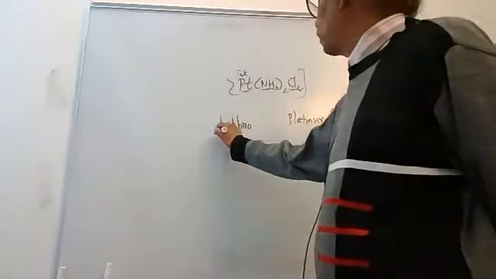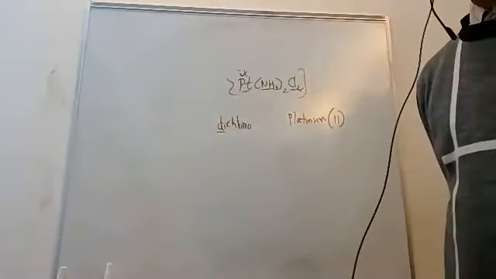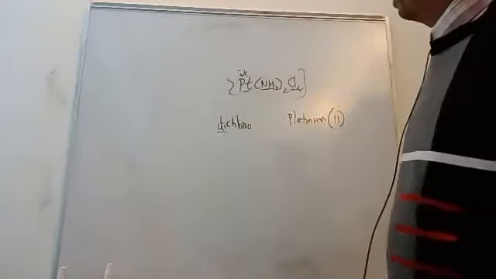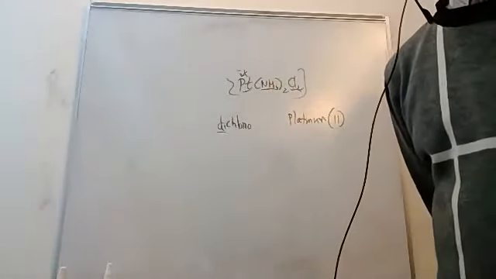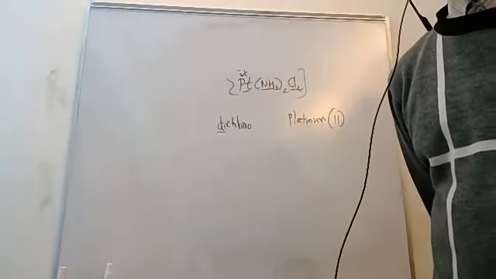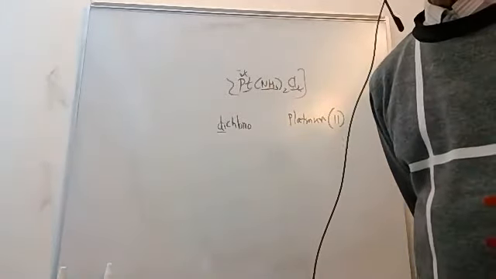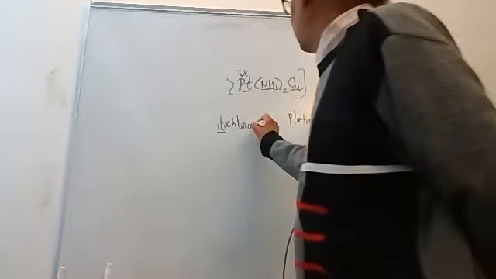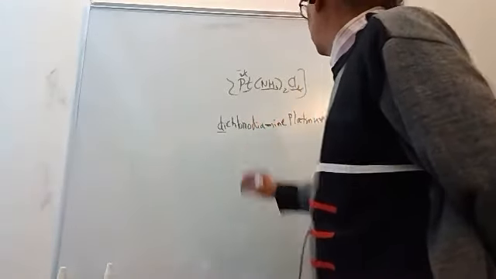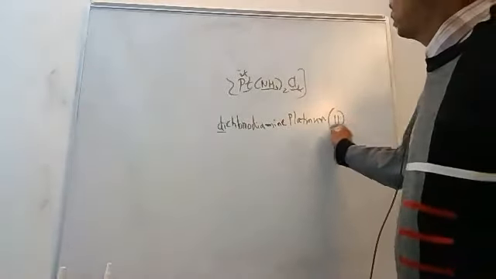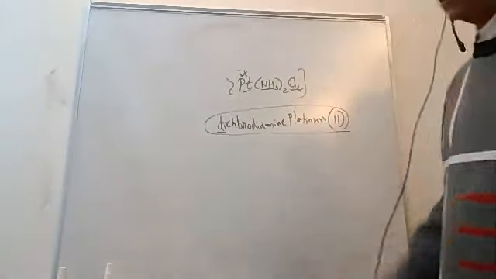This di tells you there are 2 chlorines. And then followed by the neutral ligands. So we have a neutral ligand of ammonia. Ammonia is called ammine. So dichlorodiammineplatinum(II). That is the name of this complex.